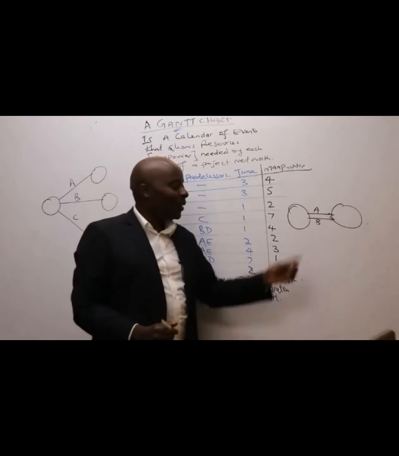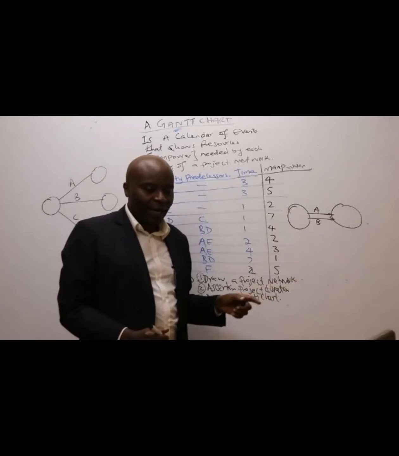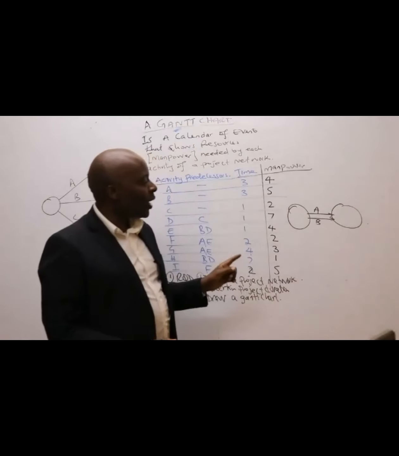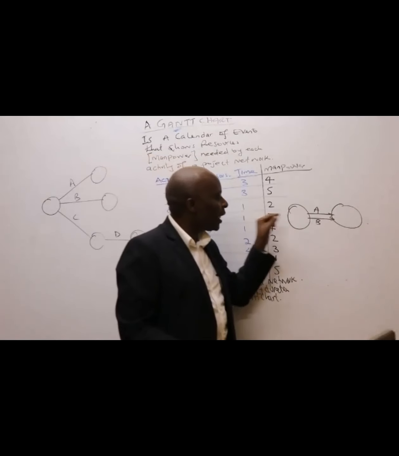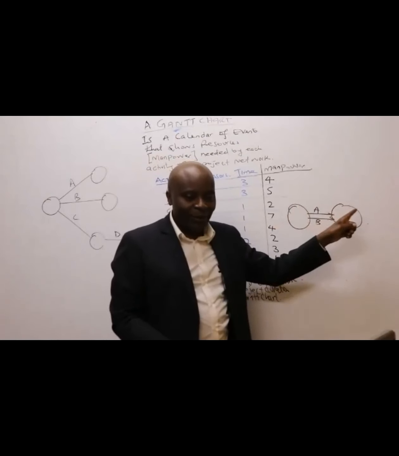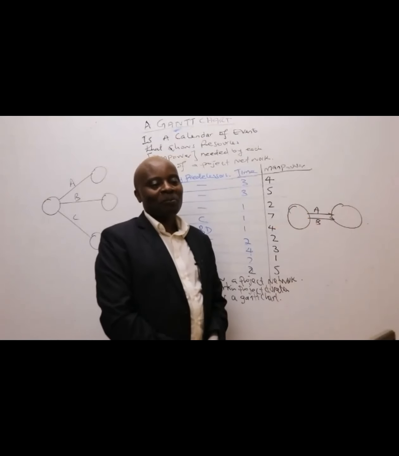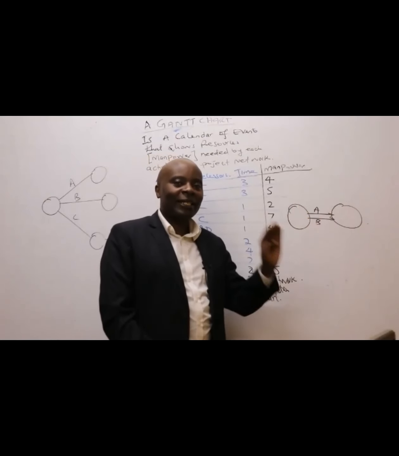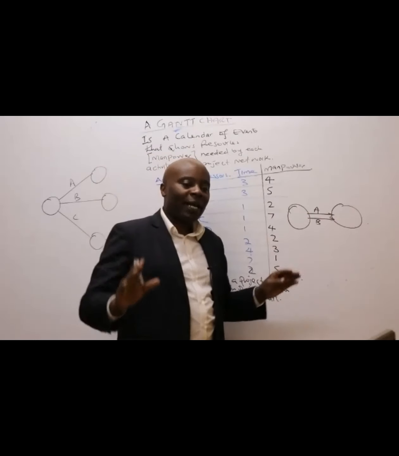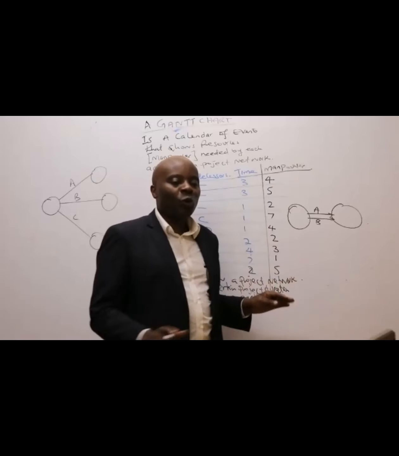Why? Because we have a situation where A and B are starting from the same node and at the same time ending on the same node. So their starts are the same and they are ending on the same node. So they are parallel activities. That one we do not like.